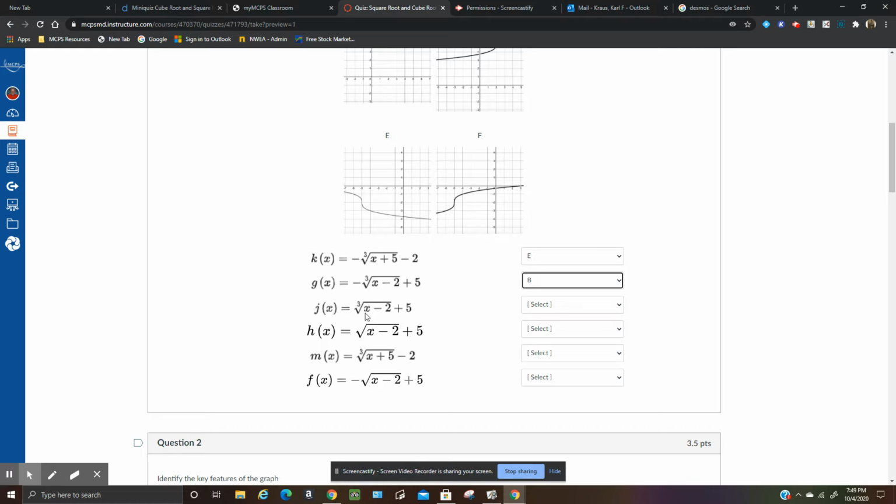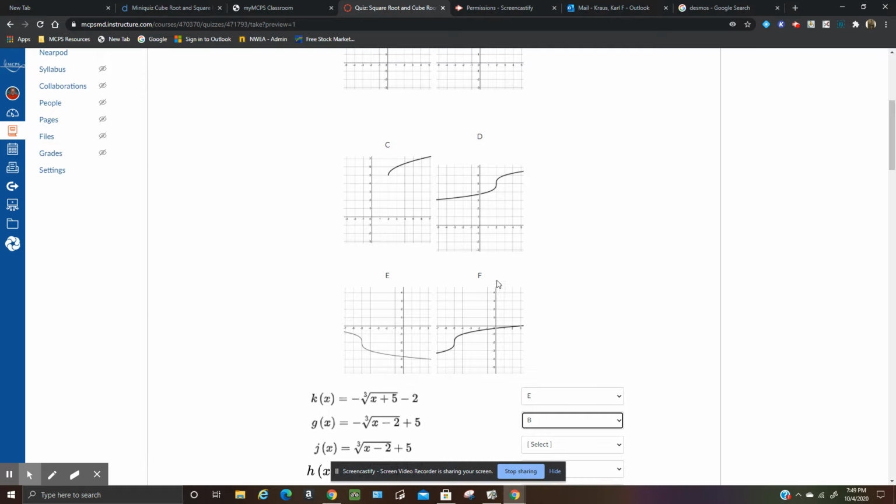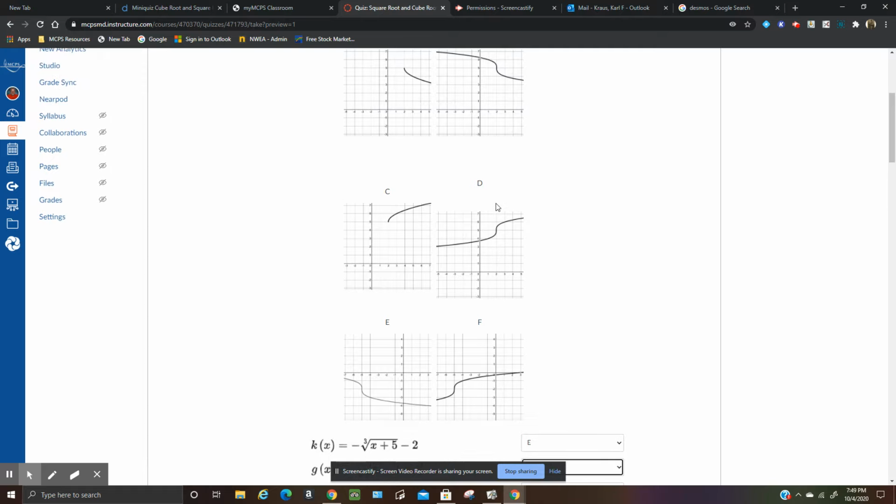And then the next one is 2, 5 not reflected. I passed that one up when I was looking for the other one.